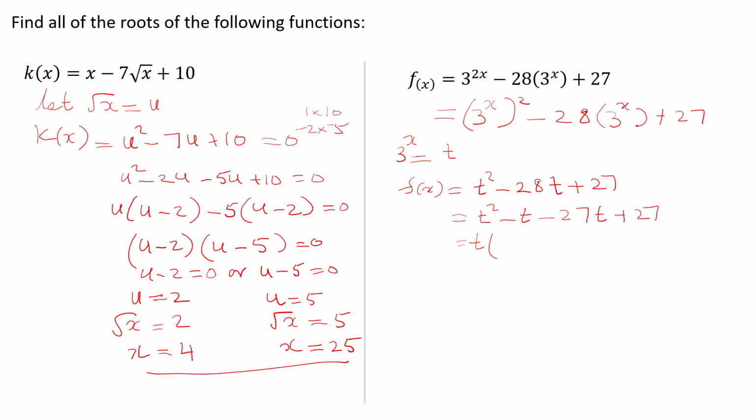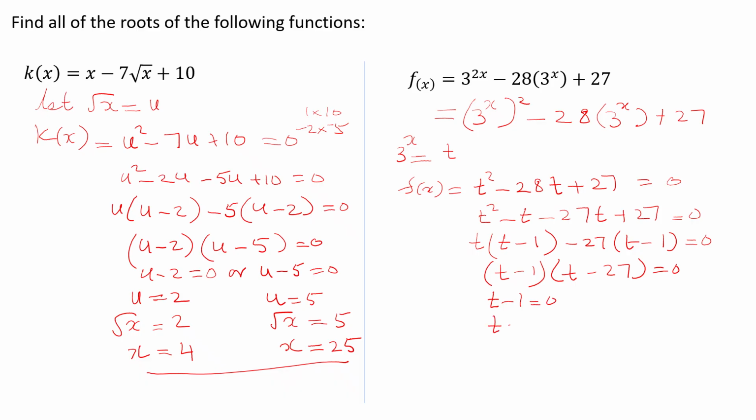This is equal to 0. t minus 1 times t minus 27 equals 0. Now t minus 1 equals 0, so t equals 1, or t minus 27 equals 0, then t equals 27.